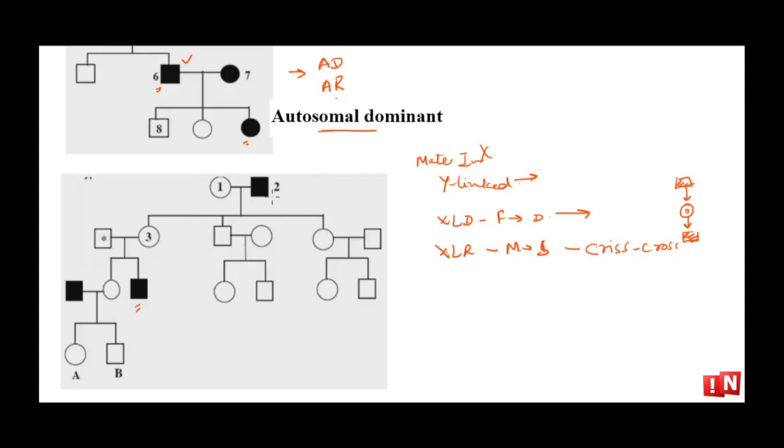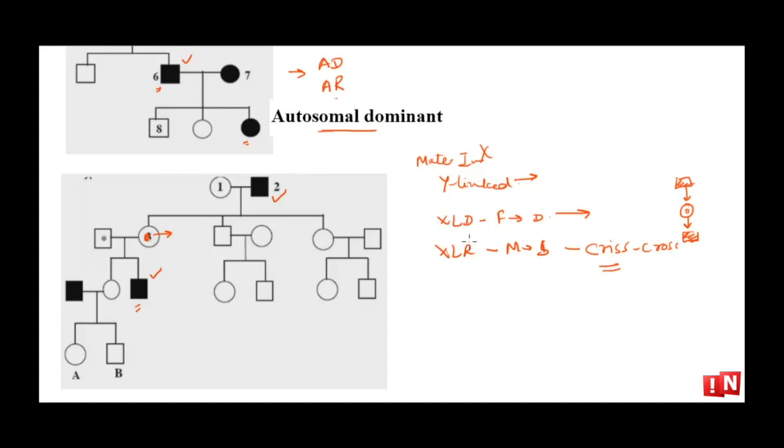So I have a affected male over here who has a normal daughter, and then again affected grandson. So this normal daughter is actually a carrier. So I can see appearance of a trait from grandfather through carrier daughter to grandson, right? So there is a crisscross pattern observed.